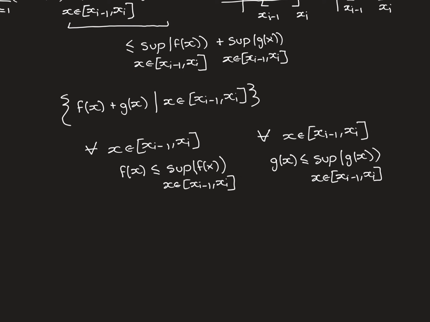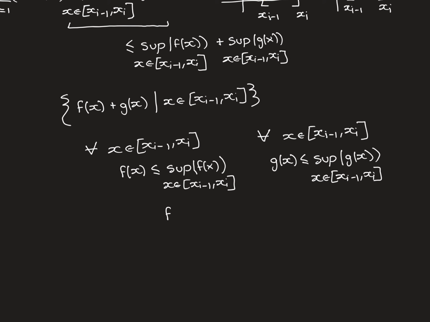And now I can just combine these two inequalities together. So whatever x you take in this interval, this and this are going to hold true. So if this is less than or equal to this, and this is less than or equal to this, then if I add those two things together, f of x plus g of x is going to be less than or equal to these two things added together.